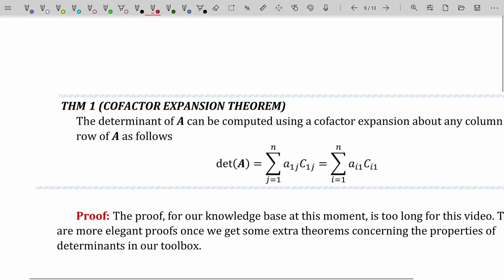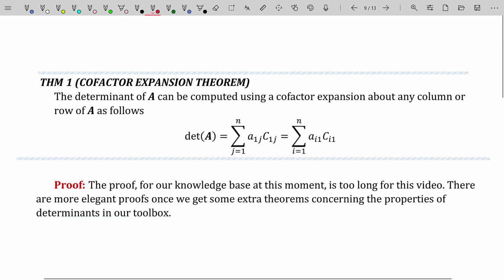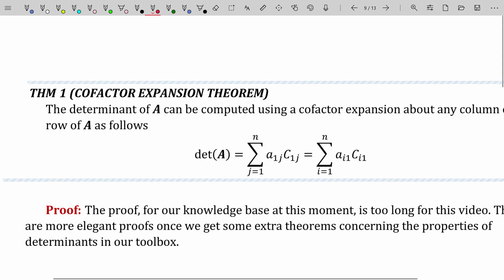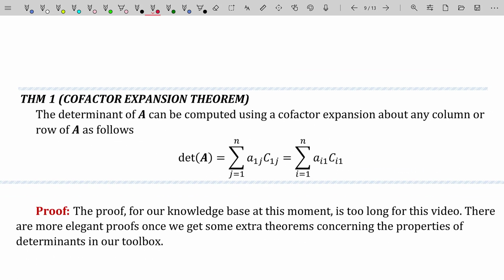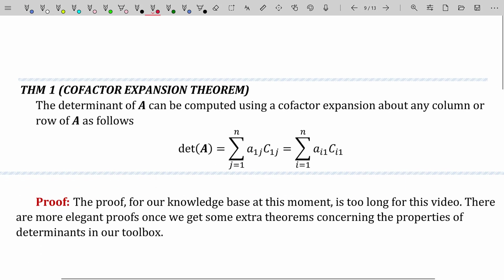So the theorem reads as follows, although it's easier to do than to read. The determinant of a matrix can be computed using a cofactor expansion about any column or any row as follows. And this is where the cofactor comes into play, because it's a formalized way of saying you have that plus minus pattern.